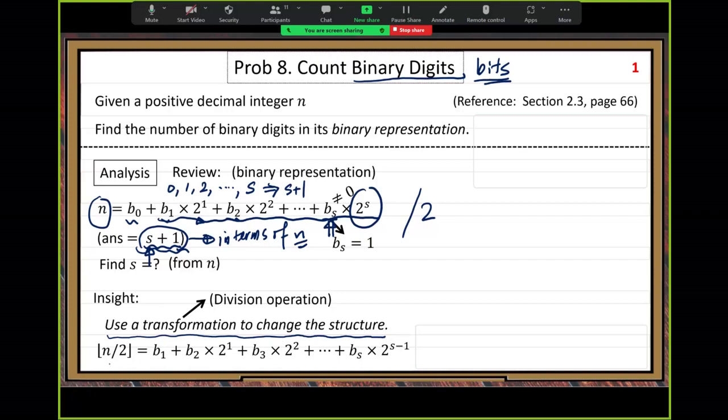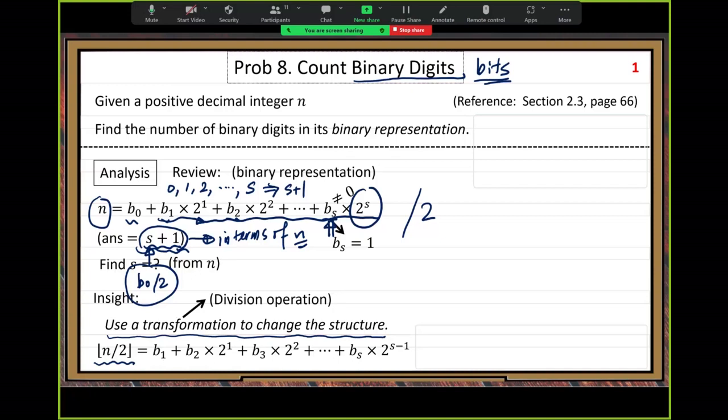So on the left hand side, we do integer representation. We take the floor function, floor of n over 2. We only keep the integer part, so we do not keep the fractional part. Then b0 over 2 is gone, right? No matter b0 is 0 or 1, that's the fractional part, so that term is gone.